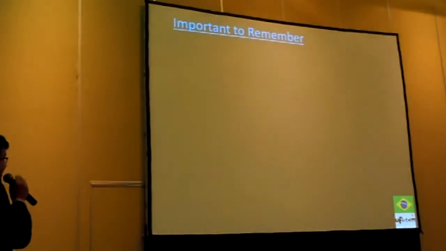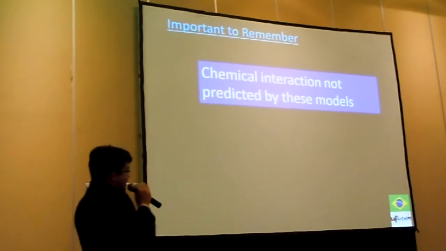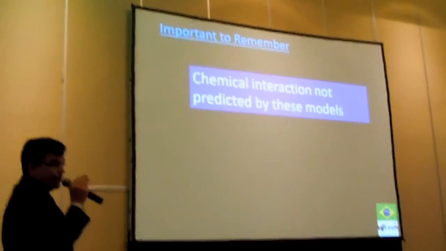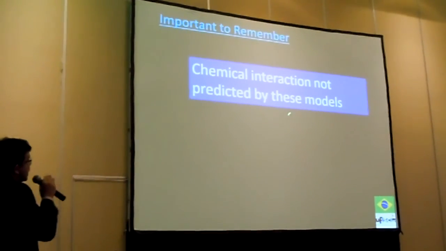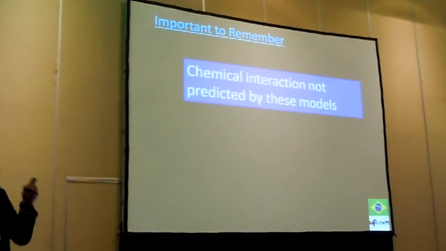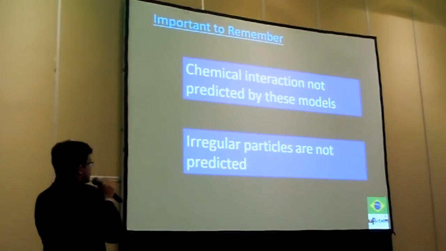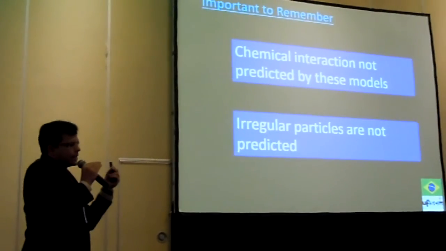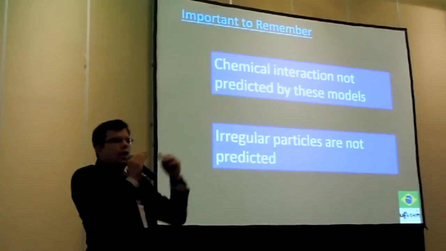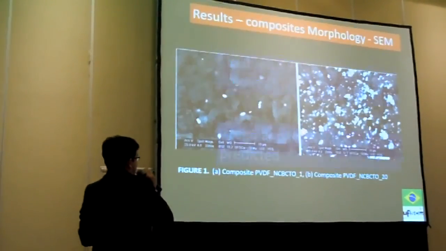Well, it is important to remember that these three models don't predict the chemical interaction between matrix and ceramic, and also irregular particles are not predicted. So we expect to obtain higher values of permittivity with less amount of nanoparticles.